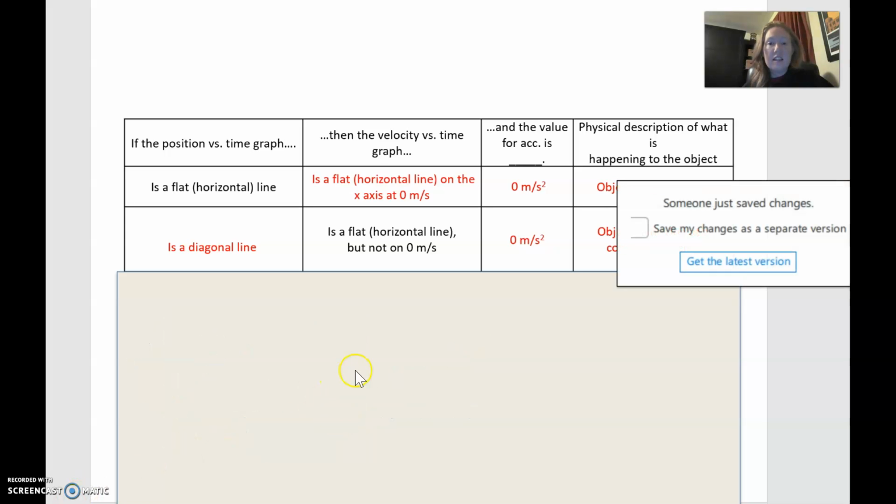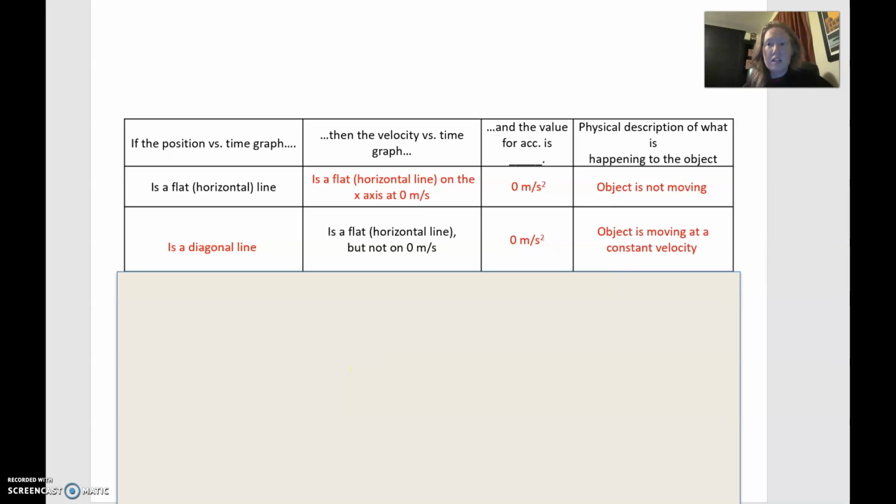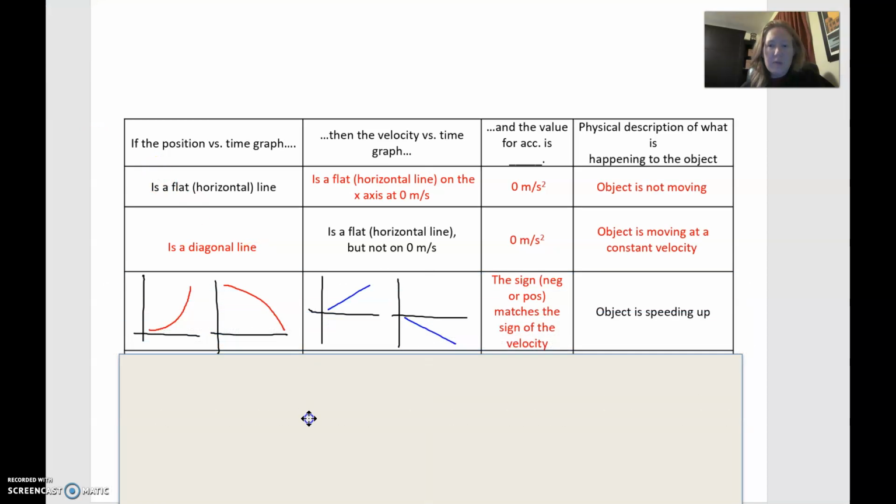Let's take this chapter as an example though now. So what happens if you have something more complicated? For instance, the object is speeding up. That's what they're giving us here in this scenario. That's talking about speed, so we have to be careful. That's not velocity. But the easier way to describe this is just to draw these graphs.